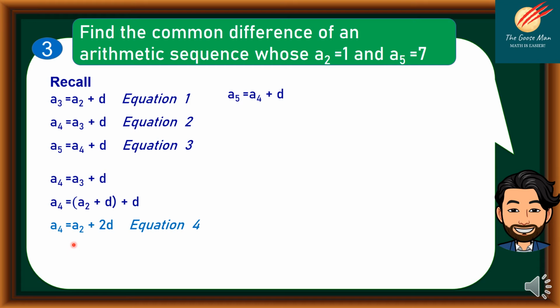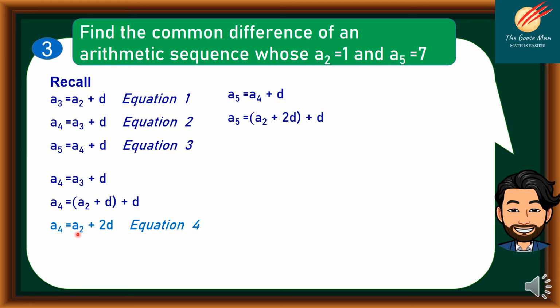Next, I would like to work on my fifth term. So we have a sub 4 plus d, or the fourth term plus the common difference. Substitute the value of your fourth term. So we have here a sub 2 plus d.